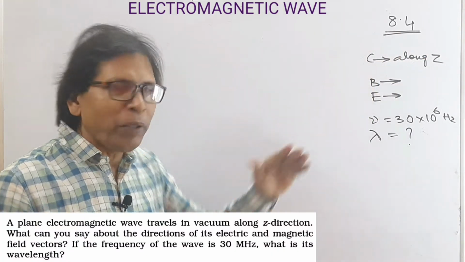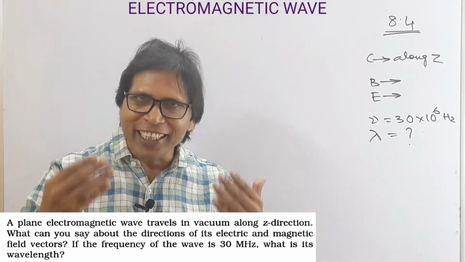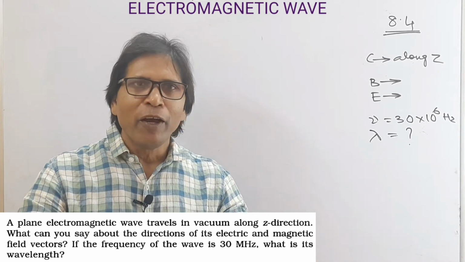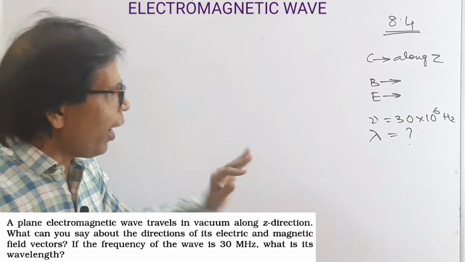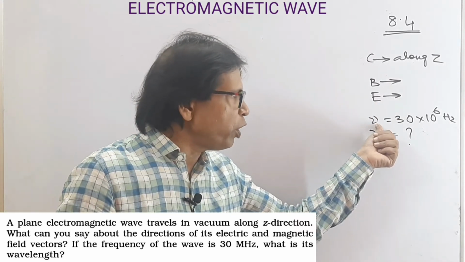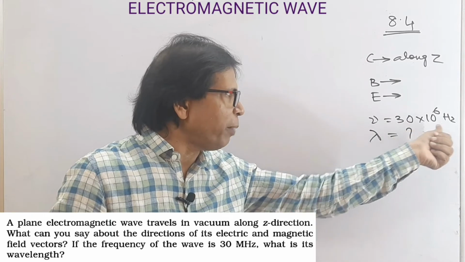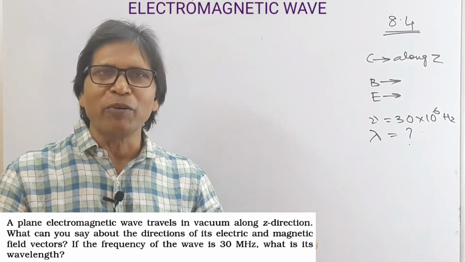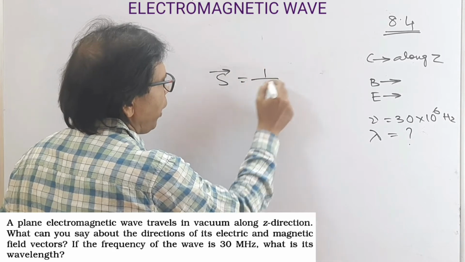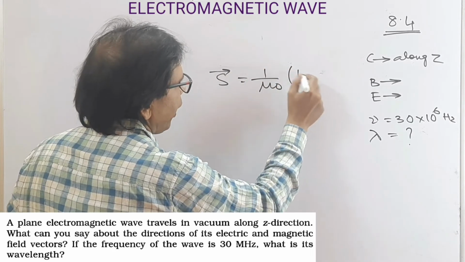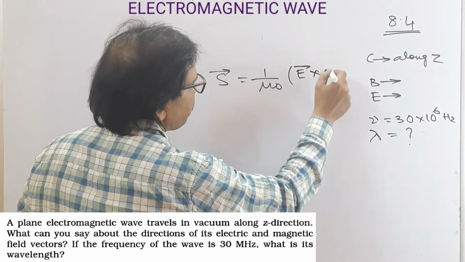If an EM wave propagates along the z direction, find the direction of the B vector and E vector, and if the frequency of the EM wave is 30 megahertz, calculate lambda. Now the Poynting vector S is equal to 1 by mu naught, E vector cross B vector.